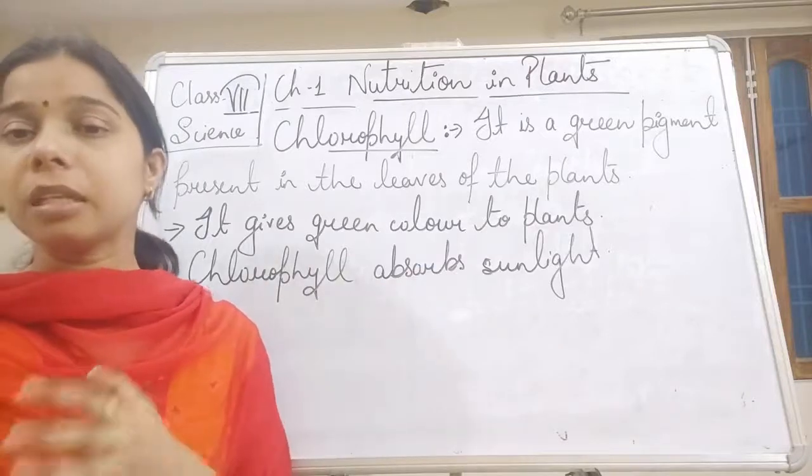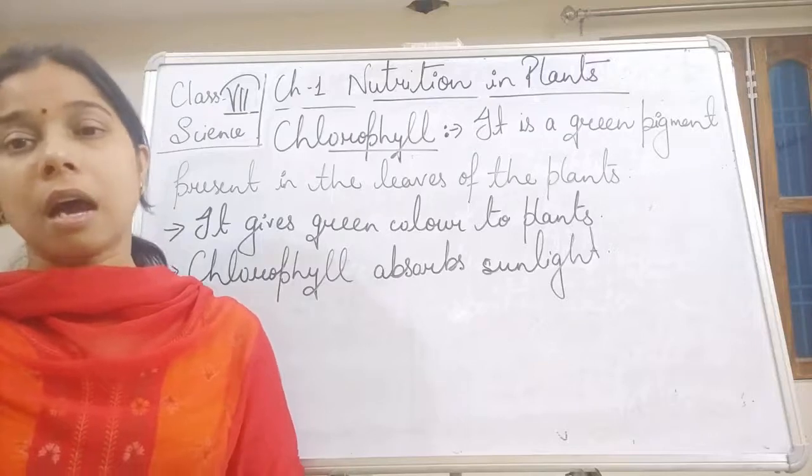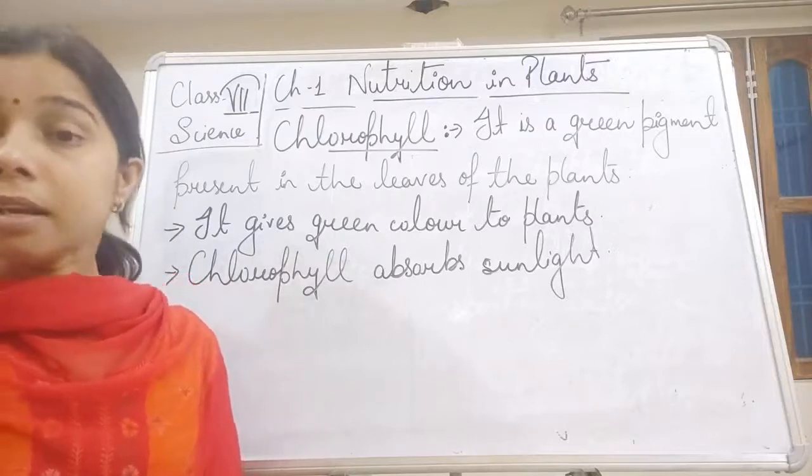So ultimately it is because of the chlorophyll only that sunlight is available and the process of photosynthesis can take place.